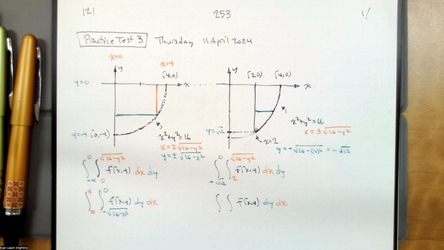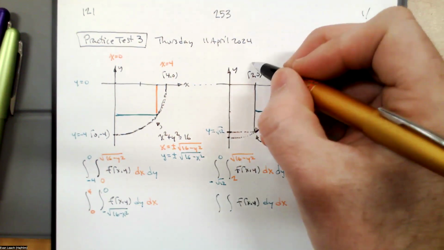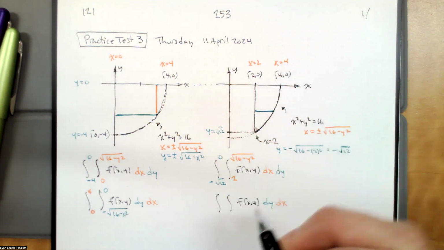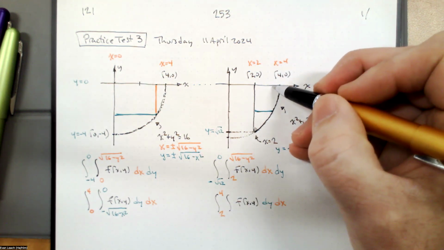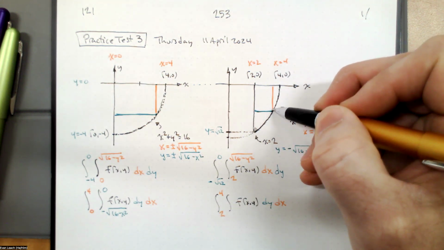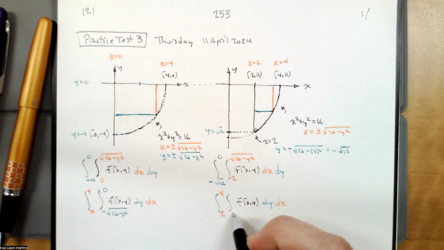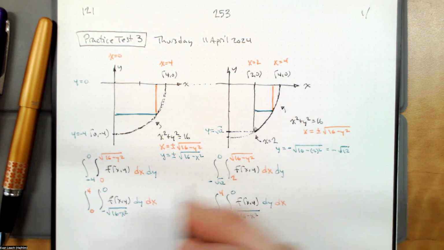In the truncated version of the circle, we're going to integrate from x equals 2 to x equals 4. Then for a typical x value, the bottom is at the circle and the top is at 0.